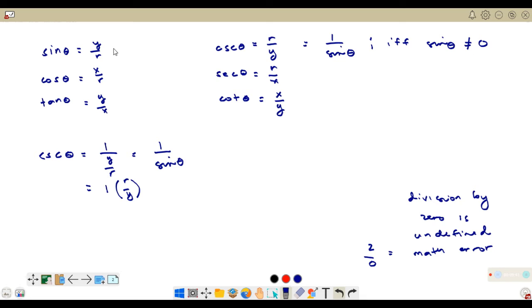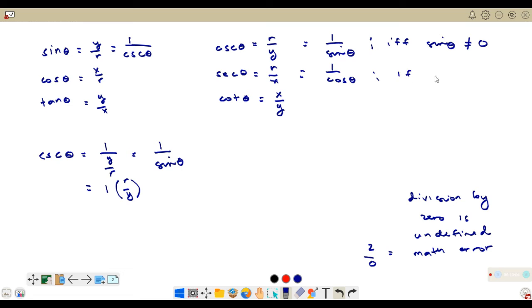And vice versa. Kung ito ay equal sa 1 over cosecant theta, then your sine theta shouldn't be equal to 0 as well. Okay? So, ito ay cosine theta.